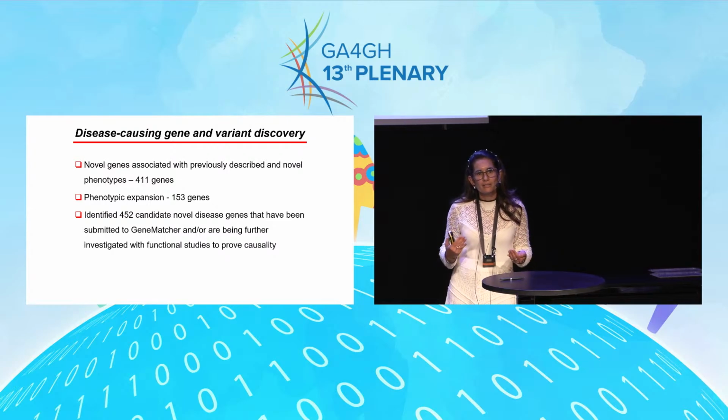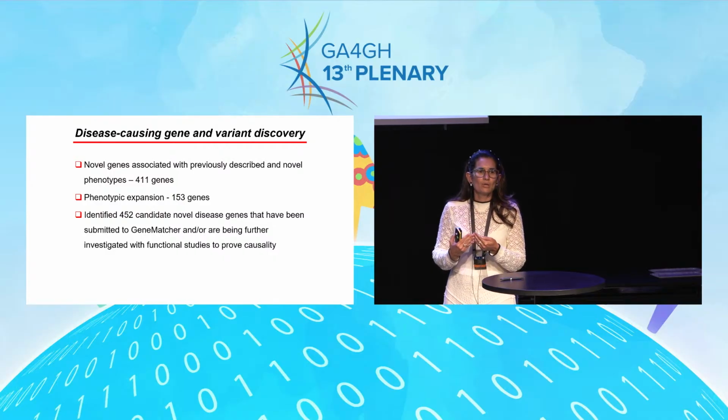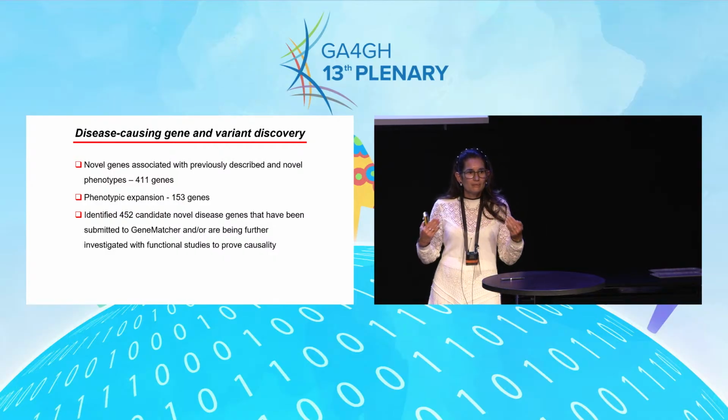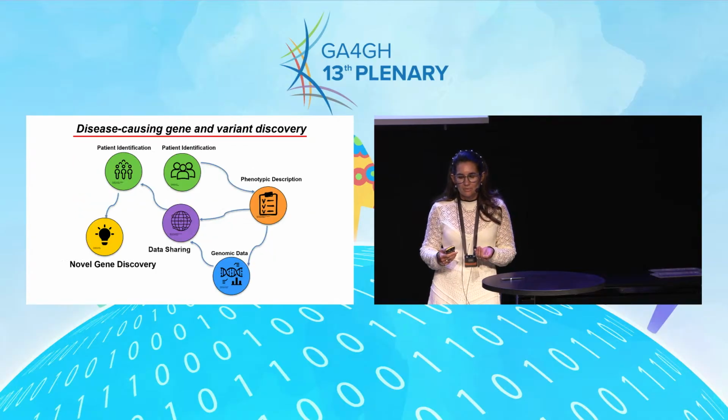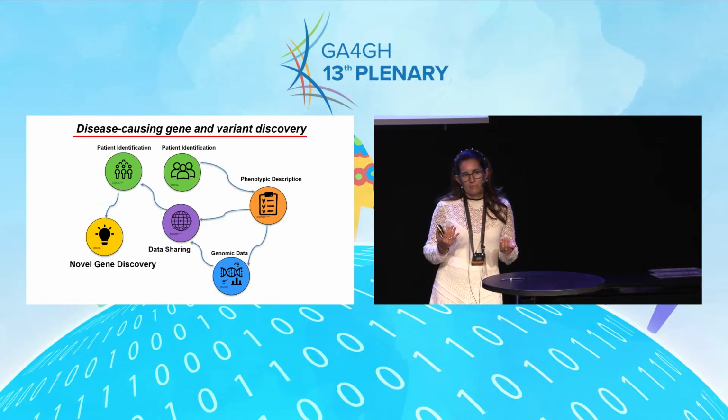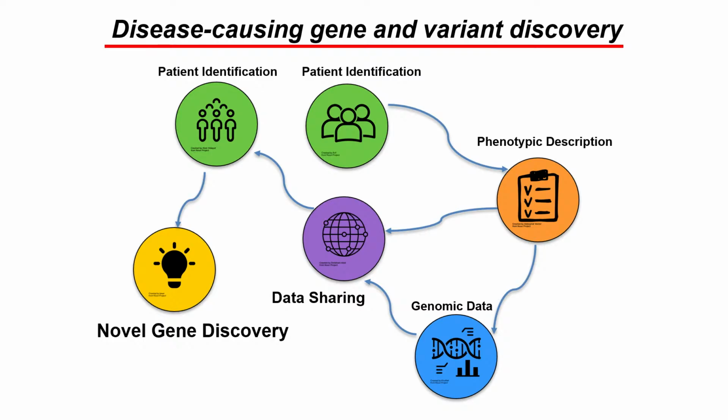And when we find these candidates, we want to find more evidence that they are actually the causative gene. And one of the ways that we did that was by sharing the data. And that's what I'm going to tell you a little bit about, how we have been doing that as a community in the last 15 years. That is our recipe for making these discoveries of novel disease gene association, novel disease gene discovery, or phenotypic expansions, and other things that we have been doing as part of this project.